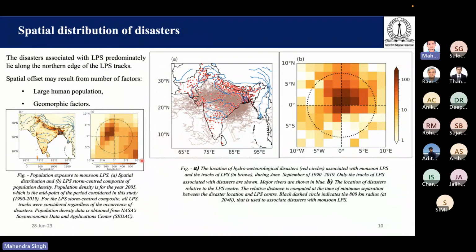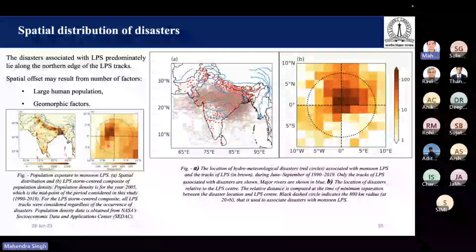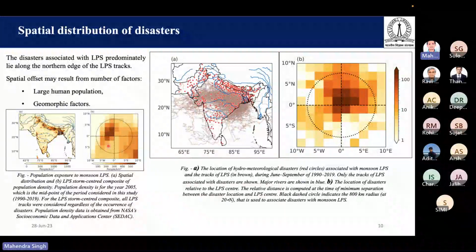So for that, they have also shown the population distribution, the population density, we can say. In the figure, they have shown the spatial distribution of the population density, and the second figure shows the storm center composite of population density.